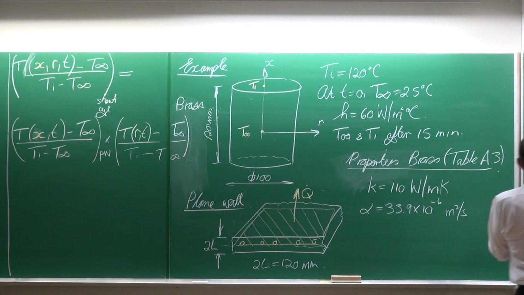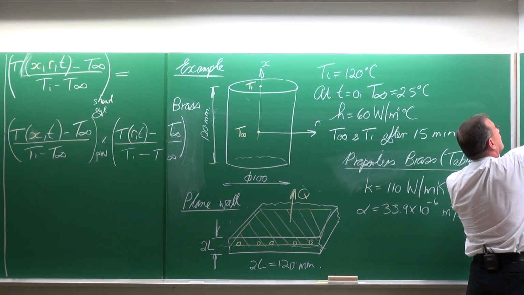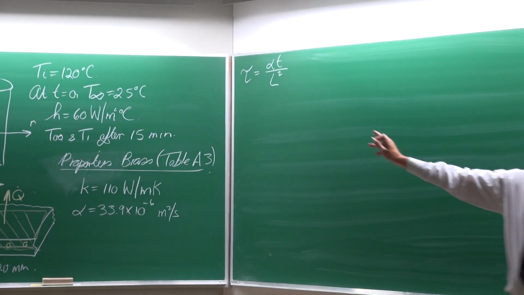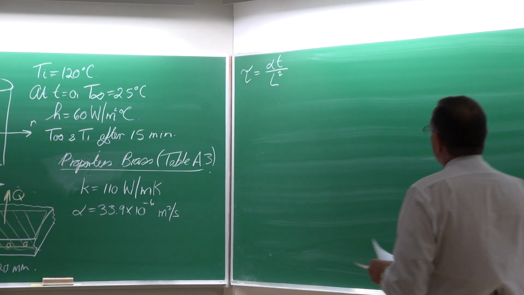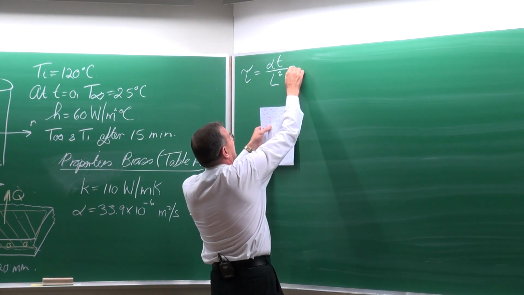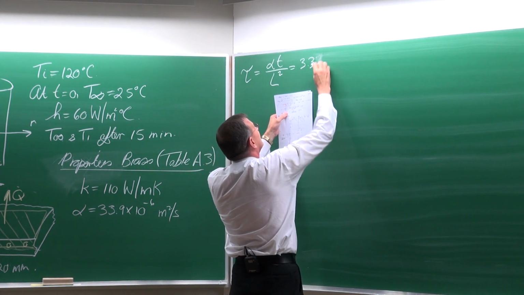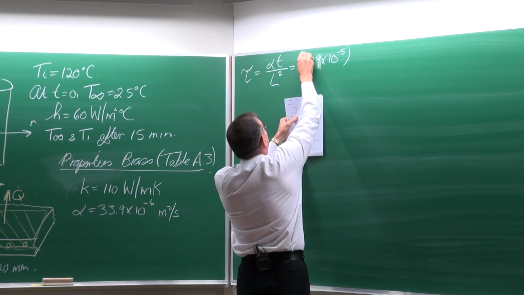Okay. So now we can get to the non-dimensionalized time, which is equal to alpha t divided by L squared. Where do I get that non-dimensionalized time? In the fine print underneath that table. The non-dimensionalized time for a plane wall is equal to that, and alpha is equal to 3.39 multiplied by 10 to the minus 5.